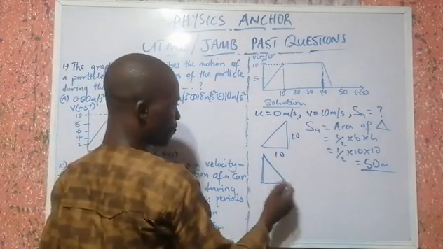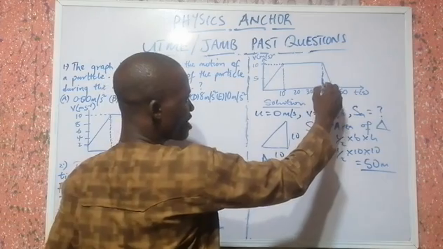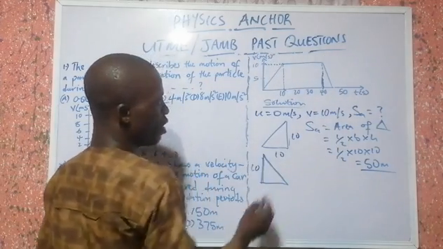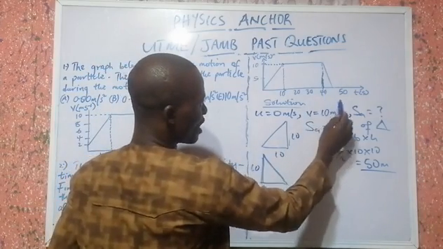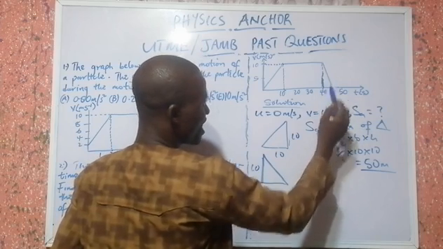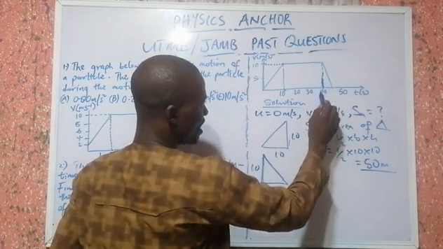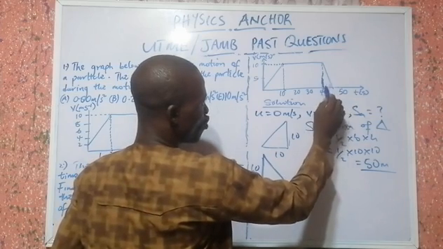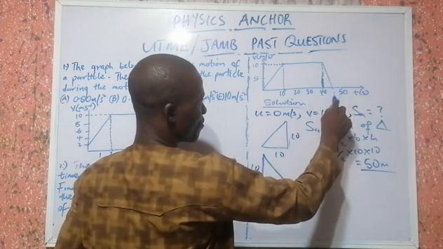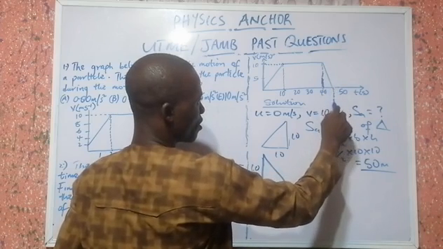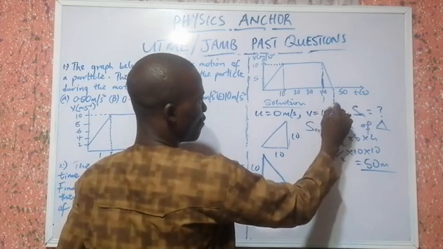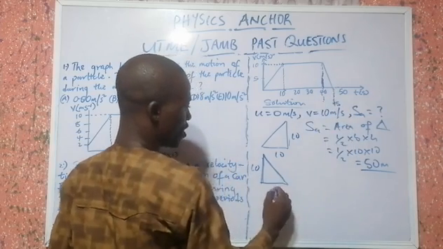So the area here, if you trace this place very well, you see that it's also the same 10. So this place is 10. But this place, when you trace it out, you can see that it's not on 50, it's in between 40 and 50. So what is here is actually 45. In other words, the gap here will be this 45 minus this 40, that will give us 5.